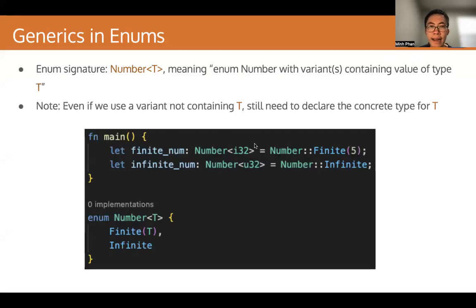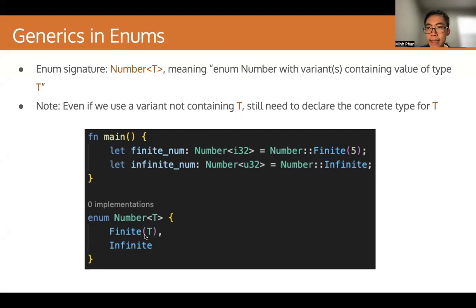Next, let's look at generics in enums. So here you can see an example of an enum with generics. We have the enum Number here with the generic type T. This enum has two variants, Finite and Infinite.